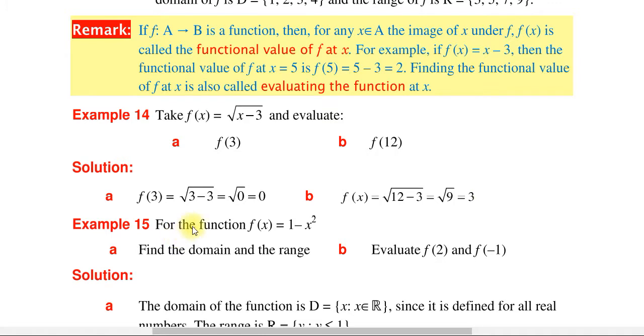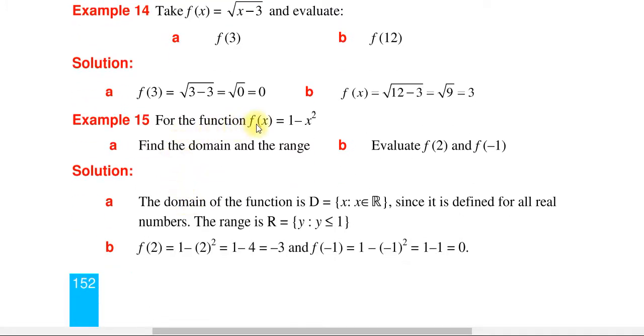And the next example is for a function f of x which equals 1 minus x square ይለናል። Then find the domain and range, evaluate f of 2 and f of negative 1 ይለናል። እነዚህን ሁለት ነገሮች evaluate እናደርጋለን ማለት ነው። So ምንድነው የሚሆነው?